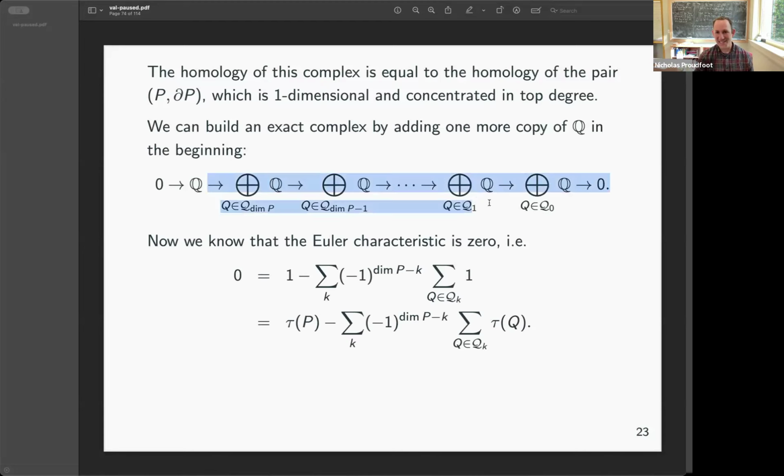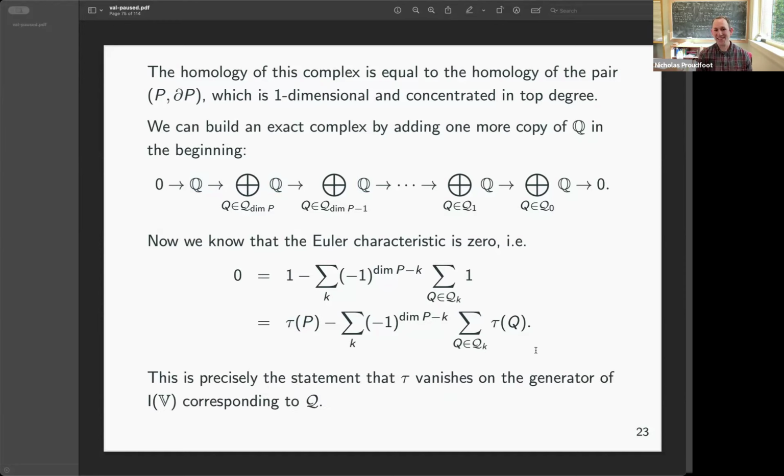And well, since it's exact, the Euler characteristic is 0, so I can take the alternating sum of the dimensions. So that's 1 for this, and the number of p-dimensional faces for this, and the number of p-1 dimensional faces for this, and so on. That's just tau of P minus the alternating sum of tau of Q's.